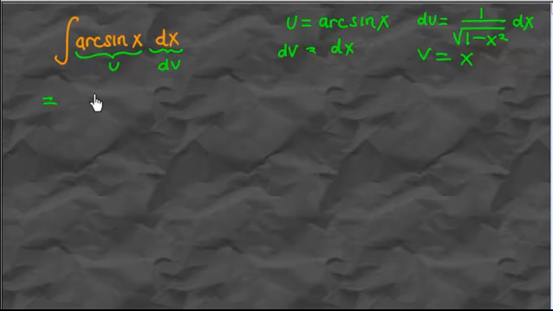According to the formula we have uv minus the integral of v du.